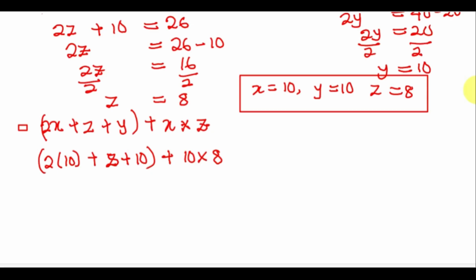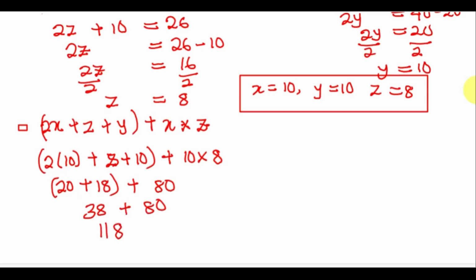So 2 times 10 will give us 20, plus 8 plus 10, that will give us 18, bracket closed, plus 8 times 10 will give us 80. So we have 20 plus 18 will give us 38, plus 80. Adding these two numbers, we have 118.